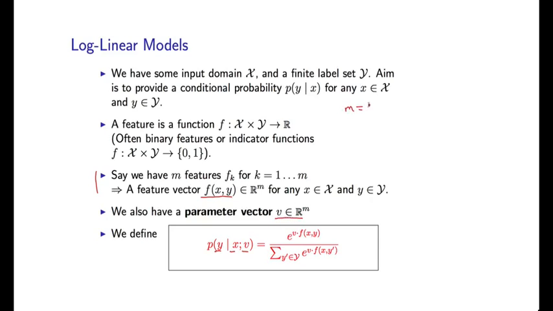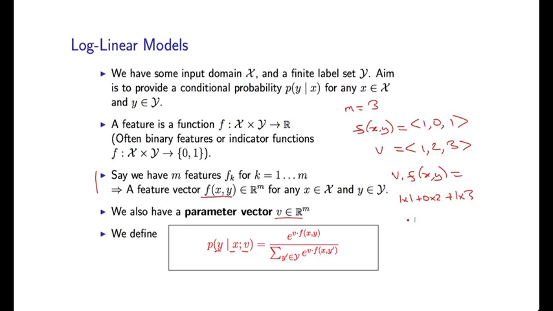So if m equals 3, for example, we might have f(x, y) equal to 1, 0, 1, and we might have v equal to 1, 2, 3. We can take the inner product of these two things, so v dot f(x, y) is equal to 1 times 1 plus 0 times 2 plus 1 times 3, so that is equal to 4.